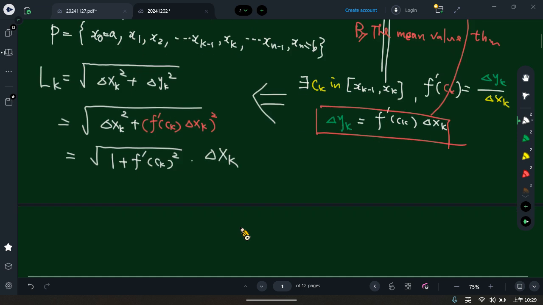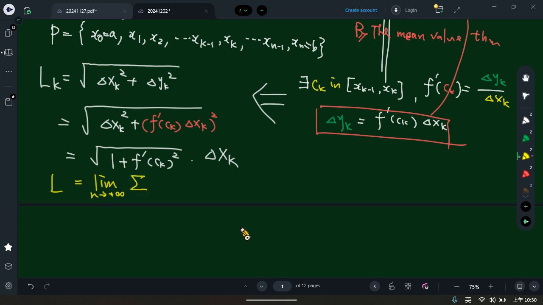So again, if we want to get the whole L, the L should be equal to the limit as n approaches positive infinity of the sum from k equals 1 to n of L_k. I already emphasized the idea several times.